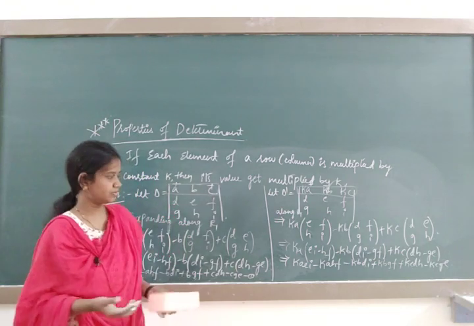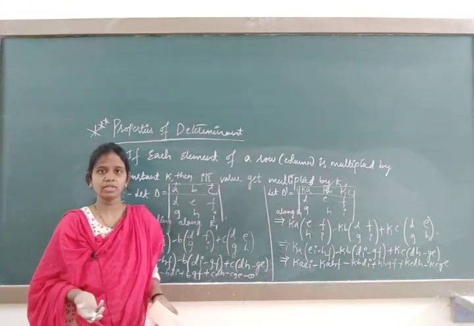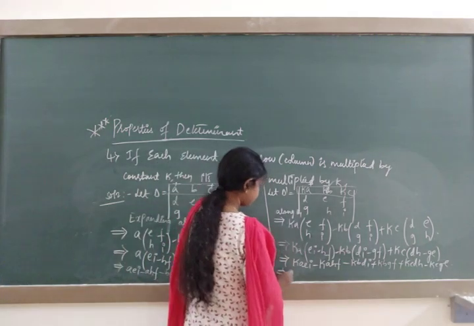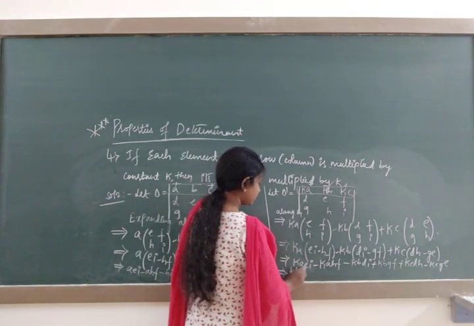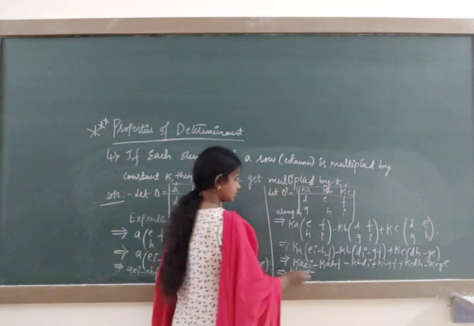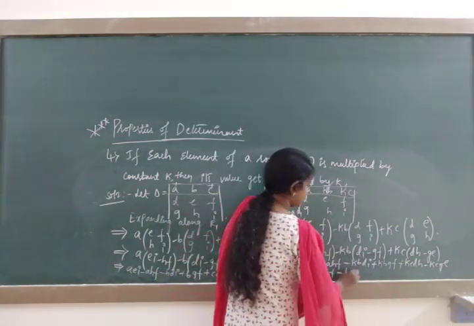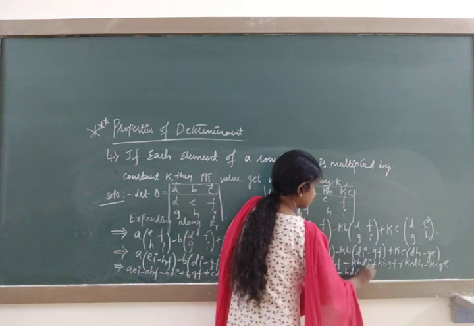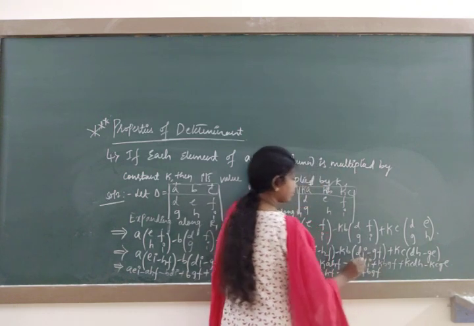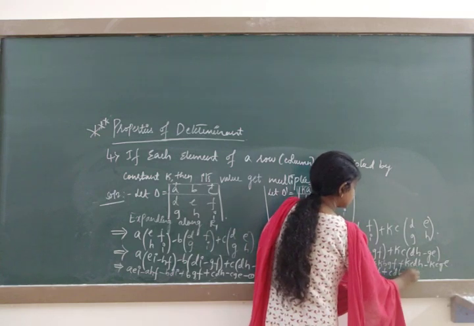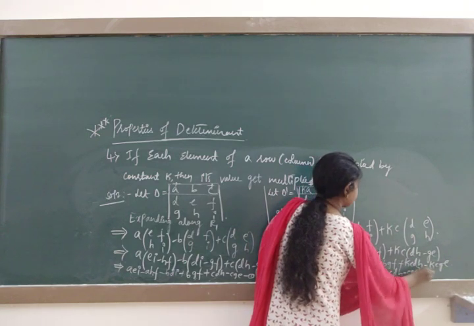In all the 6 terms we are getting the K, so we know that K can be taken common. This will be AEI minus AHF minus BDI plus BGF plus CDH minus CGI.